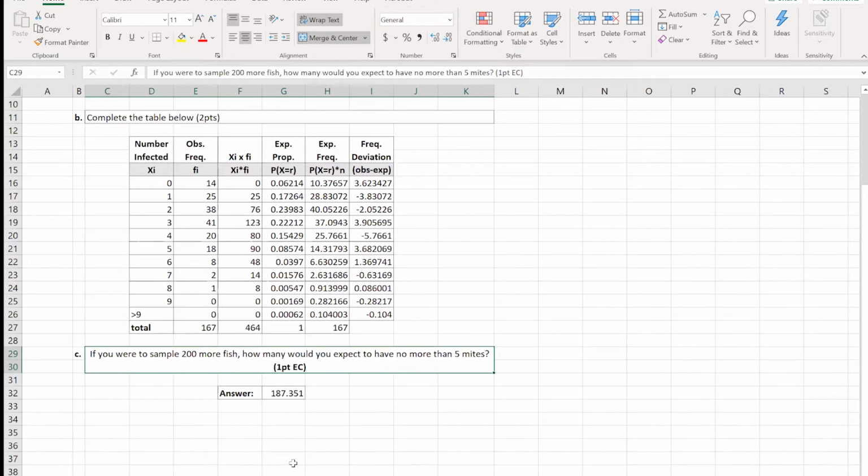Are there any questions about the Poisson question? I have a question. Yeah. Okay, I know it's an extra credit question, but I feel like it wasn't too clear because I thought it was talking about adding the 200 to the number of fish that's already there. So I did 200 plus 167, and then I multiplied it by the sum. Yeah, okay, that's fine.